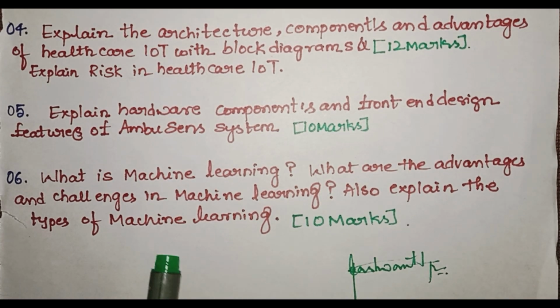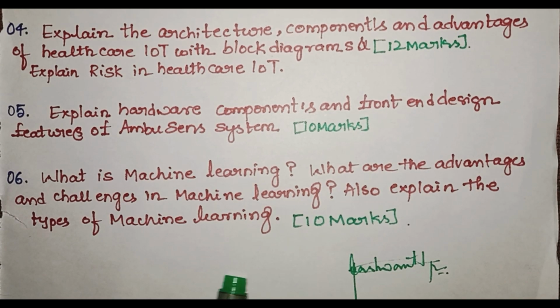And at last, they have asked the types of machine learning. Here there are four types: supervised, unsupervised, semi-supervised, and reinforcement learning. These are the four types of machine learning you have to explain in your exams, and this is very important. Please go through all these questions.